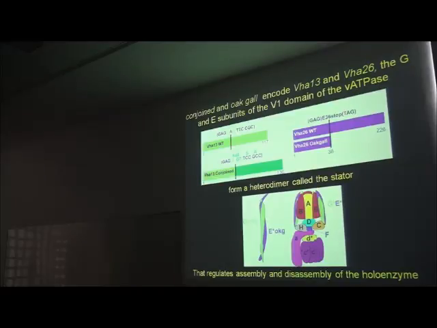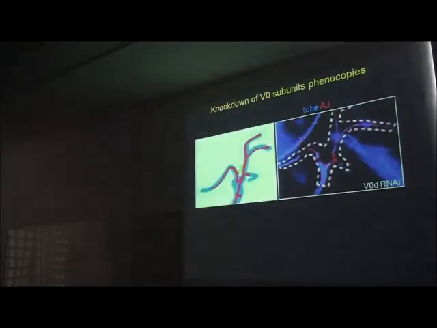So when the enzyme is assembled, it acts as a proton pump, and it acidifies intracellular compartments. When V0 and V1 dissociate from each other, V0 can then have a separate function, interacting with SNAREs to promote membrane fusion. So the first question we had is whether we were seeing a loss of function in the proton pump or a gain of function in that membrane fusion function.